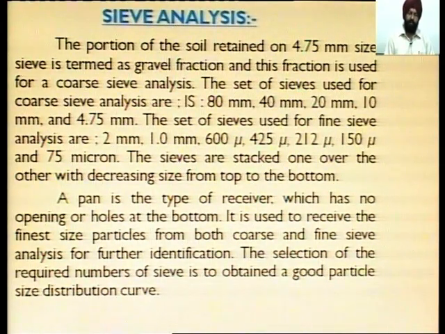The set of sieves used for fine sieve analysis are 2 mm, 1 mm, 600 micron, 425 micron, 212 micron, 150 micron and 75 micron. The sieves are stacked one over the other in decreasing size order from top to bottom.